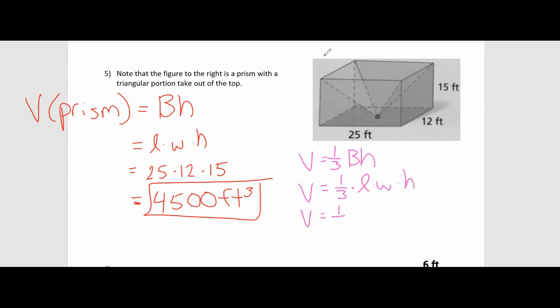So volume is equal to 1/3 times the length. And again, the area of the base of the pyramid is the same as the area of the base of the prism. So times 12 times 25. And, of course, the heights are the same. So times 15. This is going to be equal to 1,500 cubic feet. Again, it's just going to be 1/3 of 4,500.